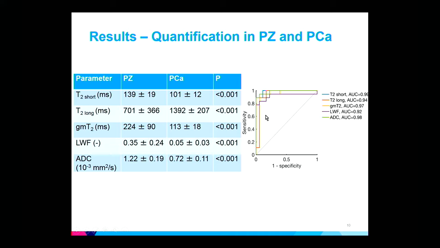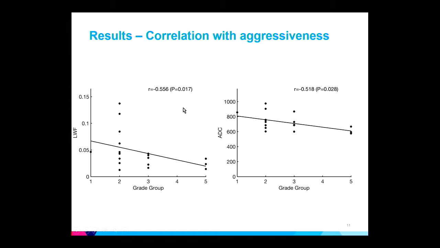Looking at ROC analysis, we found very high AUC, highest for the short T2 with an AUC of 0.99, but also very high AUC for ADC with an AUC of 0.98. So based on this, we don't believe that this luminal water imaging technique really has additional value for detection of prostate cancer. However, we think that it may have very interesting utility for assessment of prostate cancer aggressiveness.